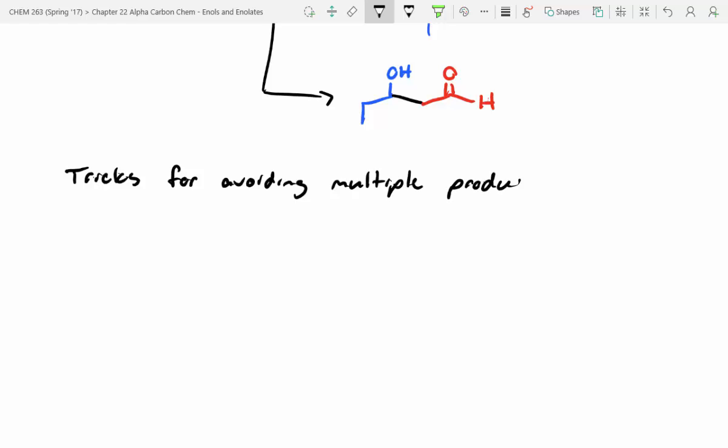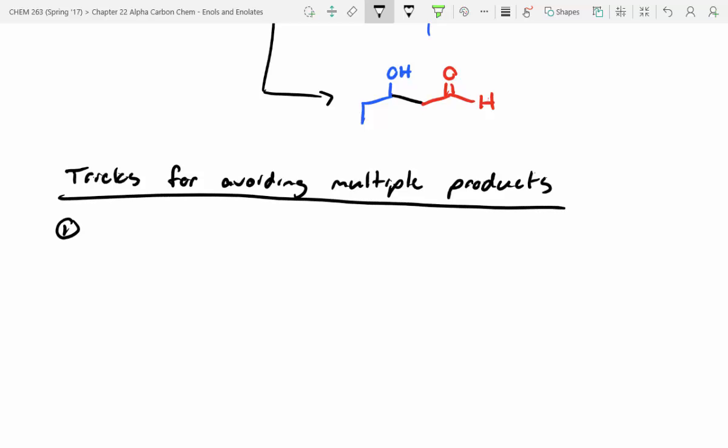Does anybody have an idea for one of them? Chiral catalysts. That's a little unnecessary. Simplest one is only use 1 starting material. That's what we've been saying. Just avoid the problem altogether. It's a decent strategy. So we'll say avoid the problem.